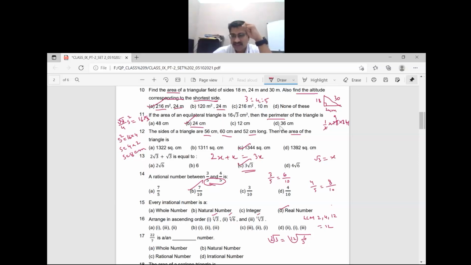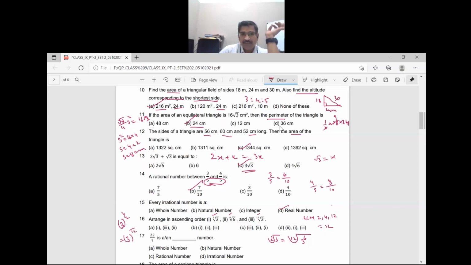exponents. The square root of 3 means 3 power 1 by 2. Now I am writing 3 power 1 by 2 with the denominator 12.